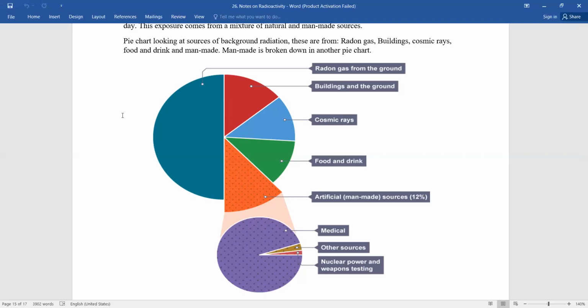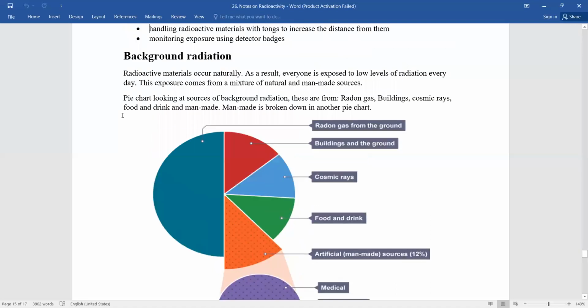So when we are recording the count from the source, we are subtracting this 23: 1050 minus 23, and then we are getting the value 1027. That one we are writing as the count from the source. Is it clear? Yes. So this way we are dealing with background radiation.